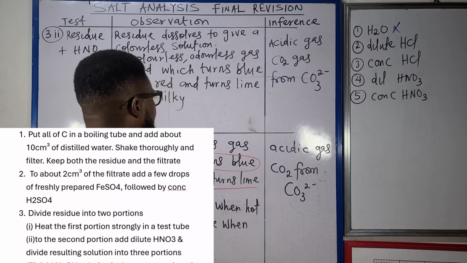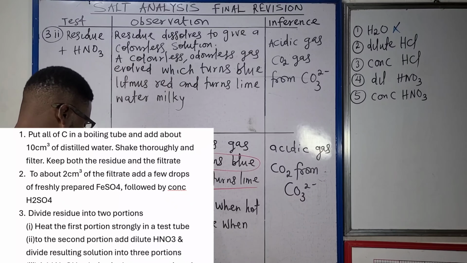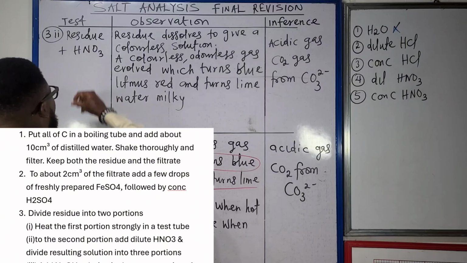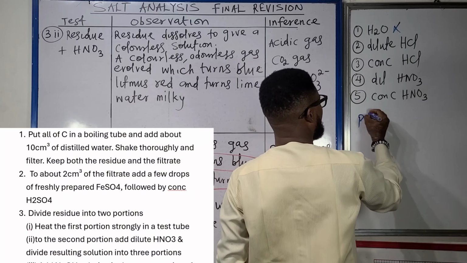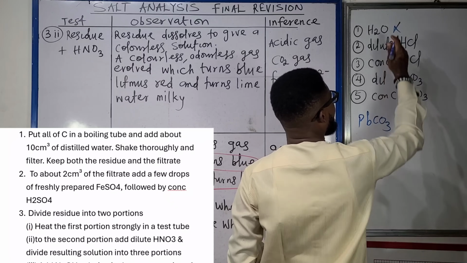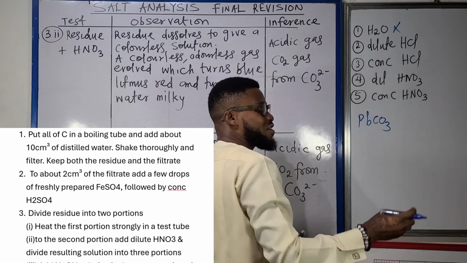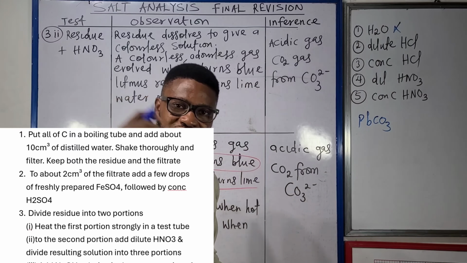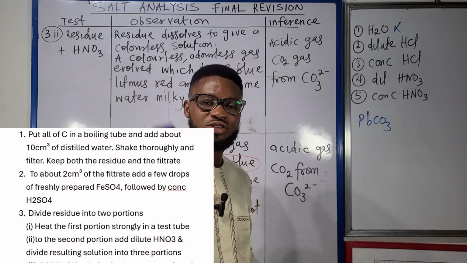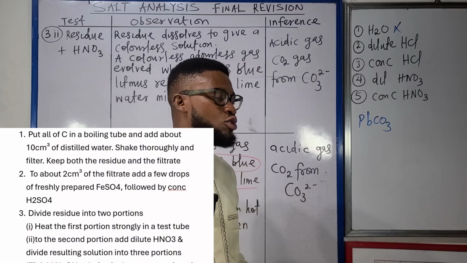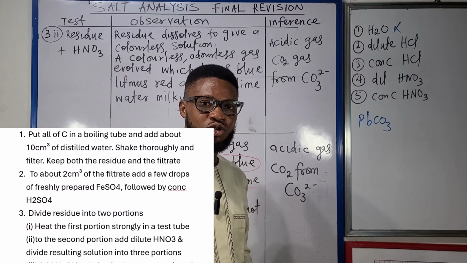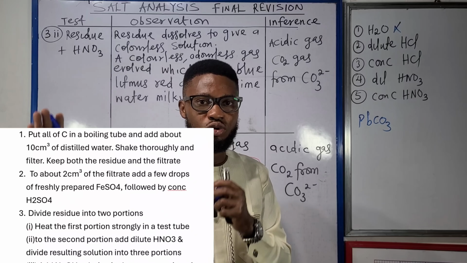Take, for example, in the case of our residue, because we know that our residue is lead carbonate. We already knew that lead carbonate cannot dissolve in water. So if we are adding an acid to a solid that cannot dissolve in water, the aim is to dissolve that solid without the formation of an insoluble product.